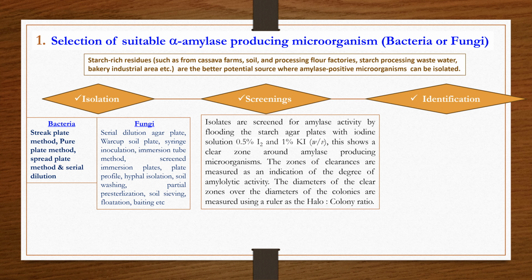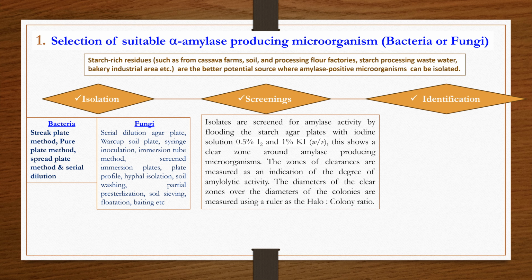Isolated pure cultures are screened for alpha-amylase activity by flooding the starch agar plates with iodine solution. This shows clear zone around amylase producing microorganisms. The zones of clearance are measured as an indication of the degree of amylolytic activity.